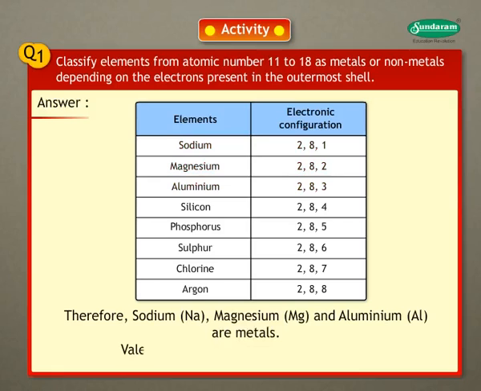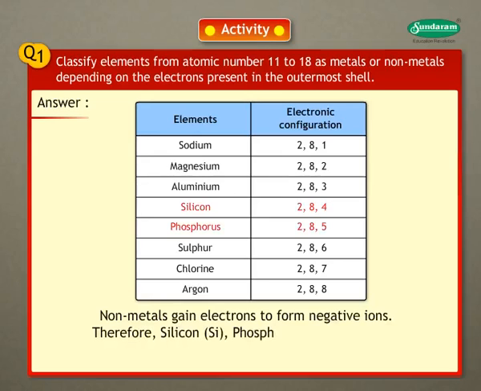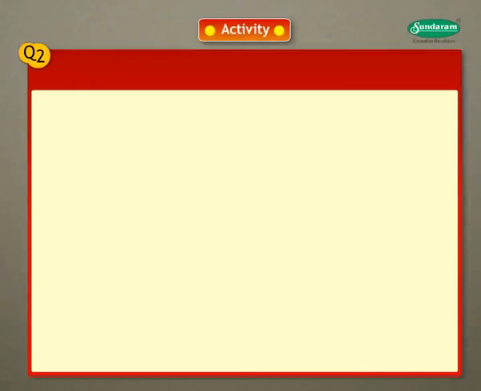Note valence electrons of remaining elements. Non-metals gain electrons to form negative ions. Therefore, silicon, phosphorus, sulfur, chlorine and argon are non-metals. Question 2.